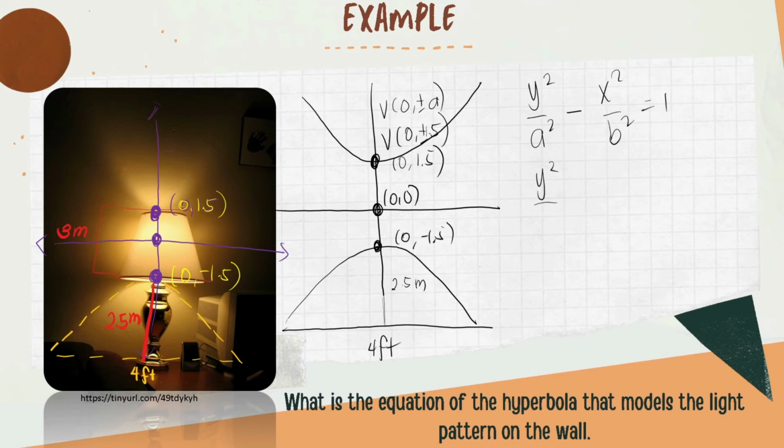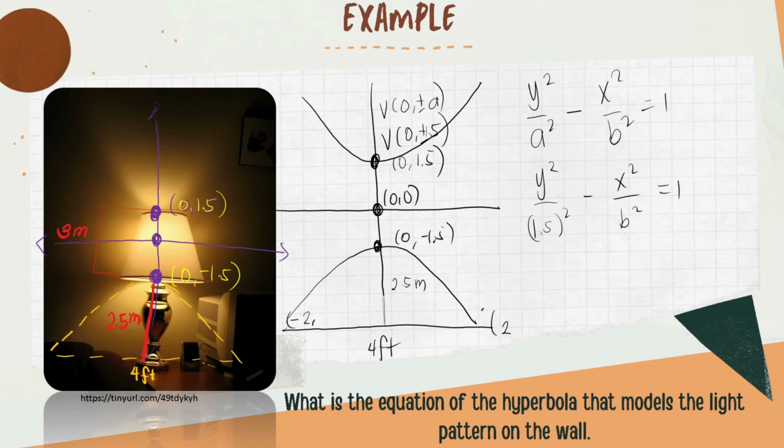So, y squared over 1.5 squared minus x squared over b squared. We don't know b squared, so how do we get b squared? Notice that we have a length here of 4 feet. If we divide that, that is 2, here negative 2.